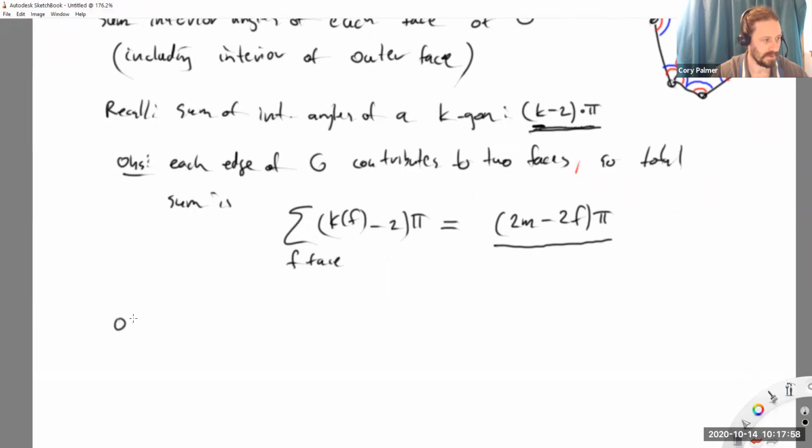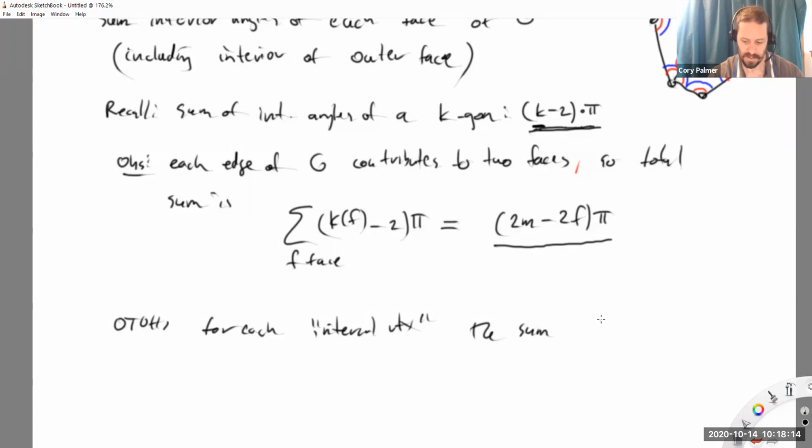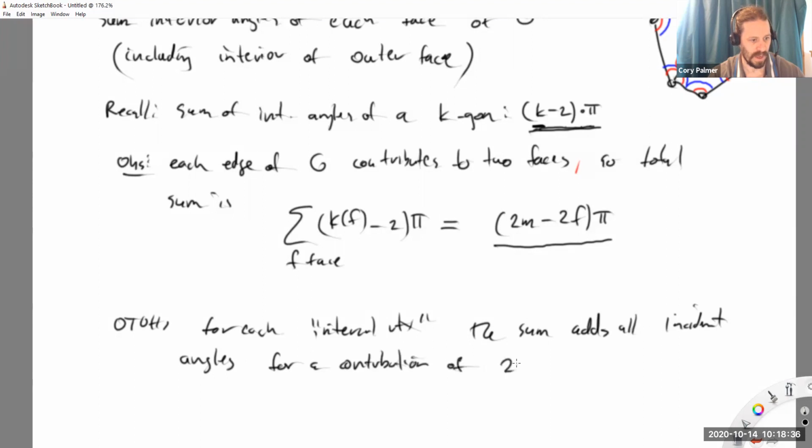So on the other hand, for each internal vertex, right? An internal vertex is just one that's not on the outer face. The sum adds all incident angles for a contribution of 2 pi, right?